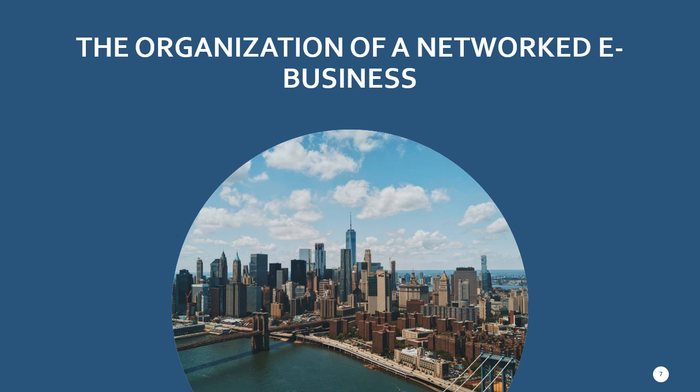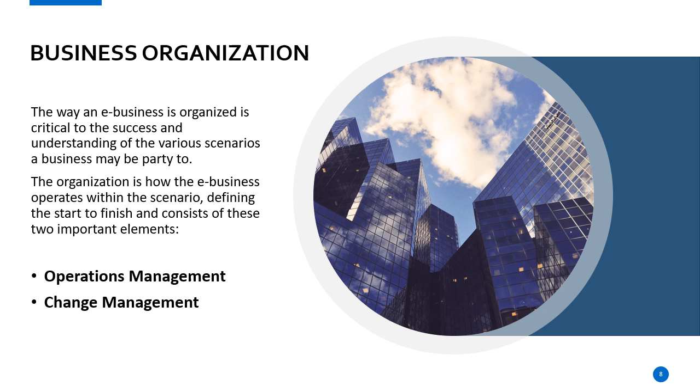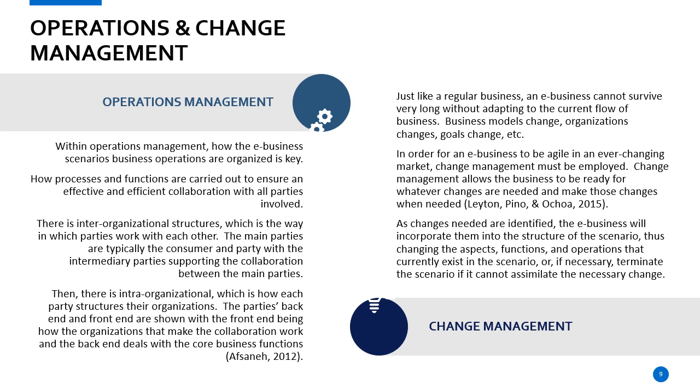So moving on, let's talk about the organization of a networked e-business. So what exactly is operations management? Well, operations management is basically how the e-business organizes its various processes and functions.